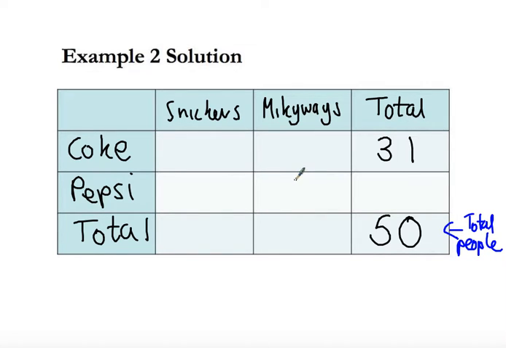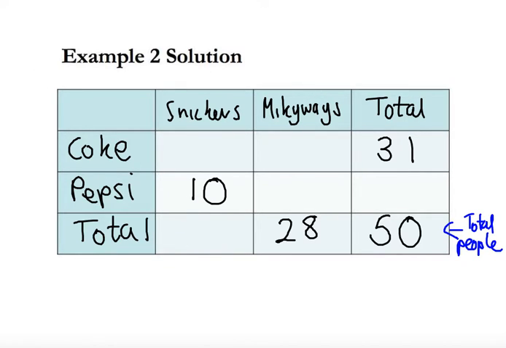We are also told that 28 people like Milky Ways. So I'll put 28 down there. One other bit of information was that we were told 10 people like Pepsi and Snickers. So I can put 10 people in the Pepsi and Snickers column.